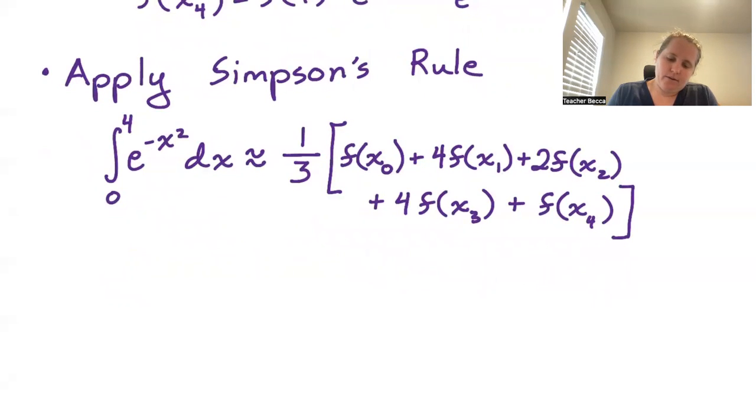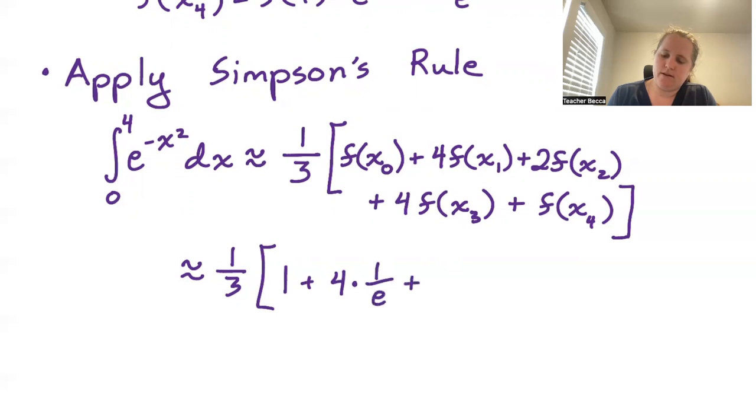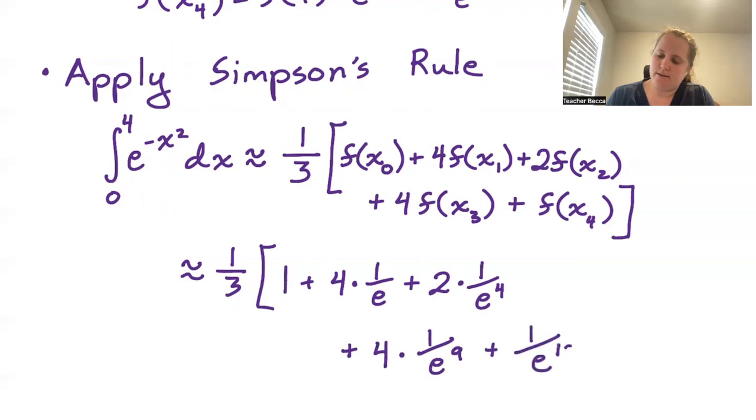Plugging in, we have that this definite integral is approximately 1/3 times, in brackets, 1 plus 4 times 1 over e plus 2 times 1 over e to the 4th plus 4 times 1 over e to the 9th plus 1 over e to the 16th, end brackets.